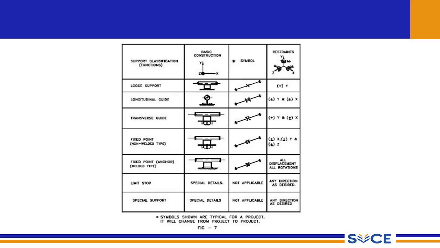Next is a transverse guide. In the case of a transverse guide, it allows the movement along one particular direction and along a particular negative direction or a positive direction.